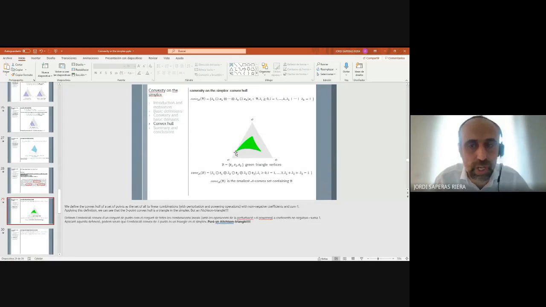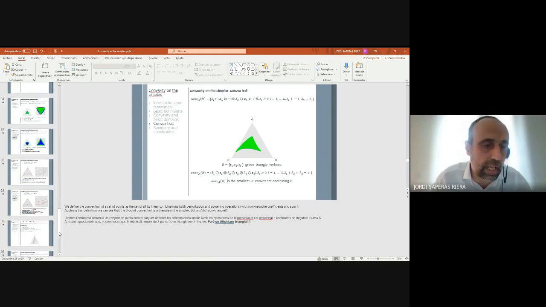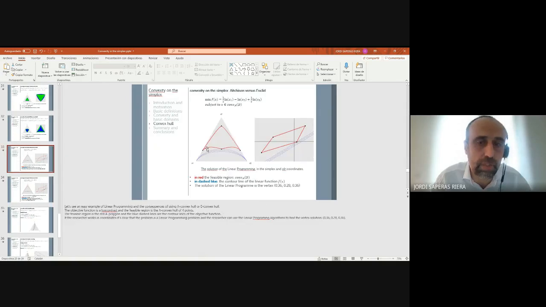Here, for example, if we have 3 points, the minimum convex is the convex hull. This is the region with less area that contains these 3 points and it's convex. And with this example, if you have 4 points, the smaller convex that contains these points is the convex hull.